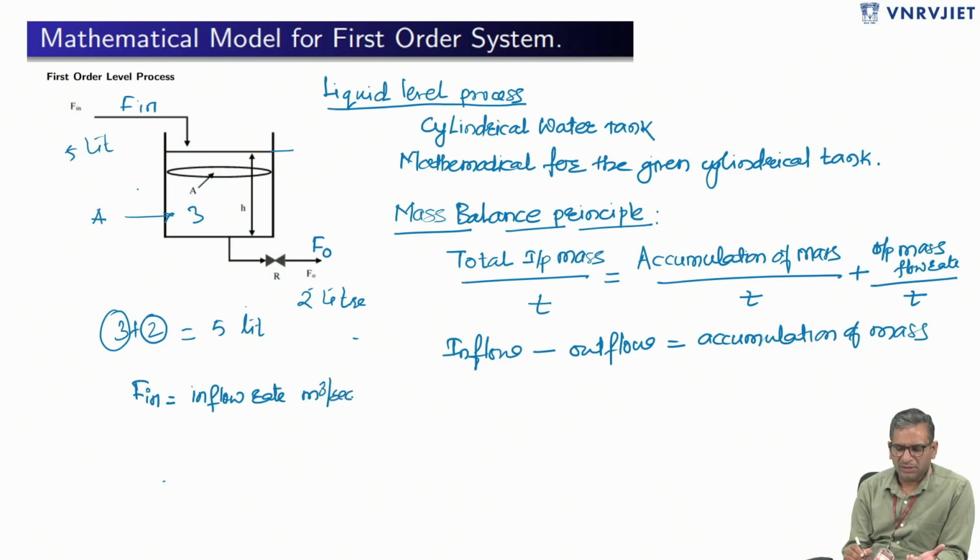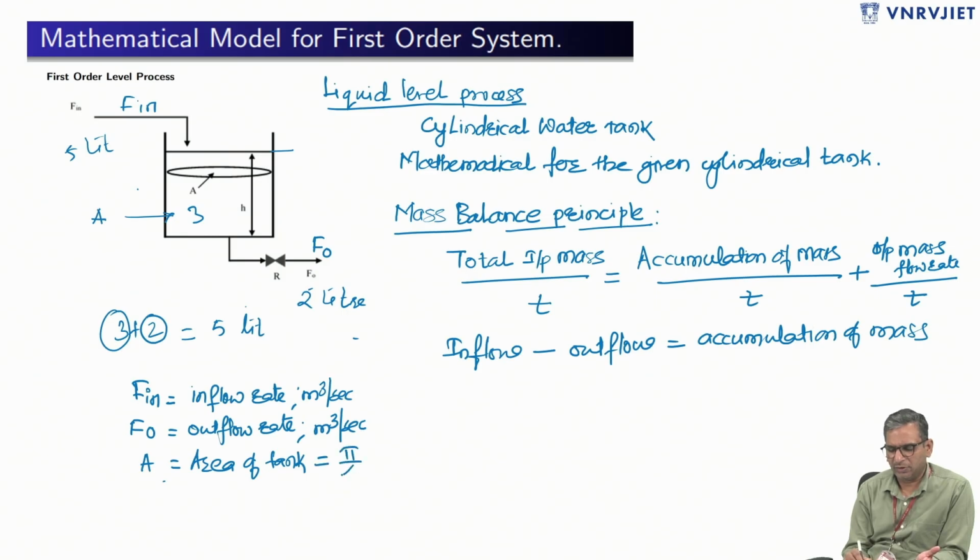Then F naught is the outflow rate, that is the water which is going out from the tank. This is also cubic meter per second. Then consider the area of the tank. This is a cylindrical tank, so it is pi by 4 d square. Let's say we are considering this in terms of meter square.